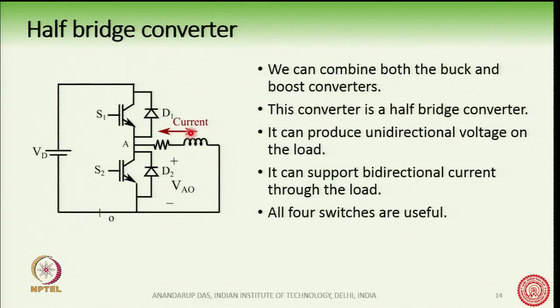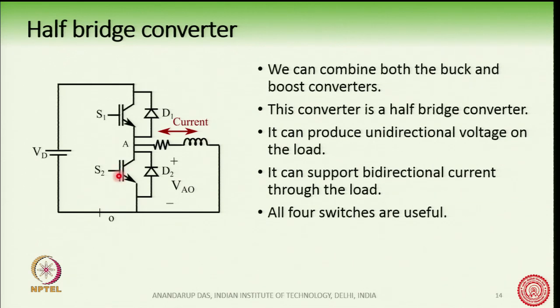So, in this half bridge circuit, the voltage at point A can be controlled by the switches S1 and S2. If we measure the voltage at point A with respect to point O at the bottom, then the voltage at point A can be either 0 or Vd.